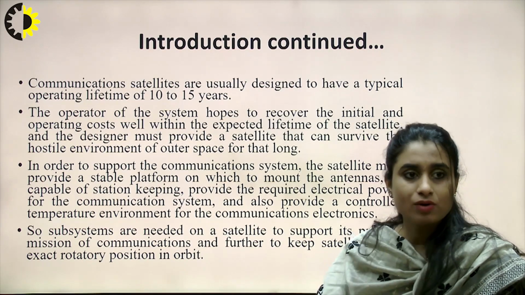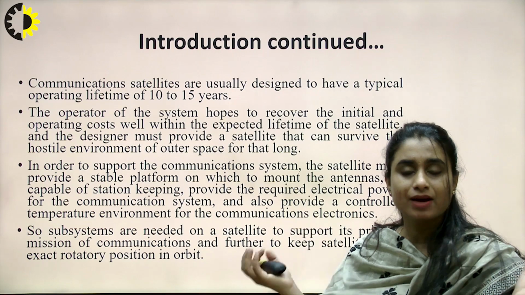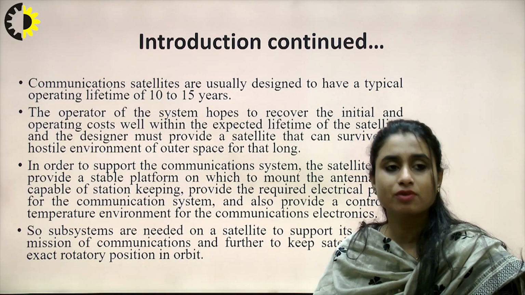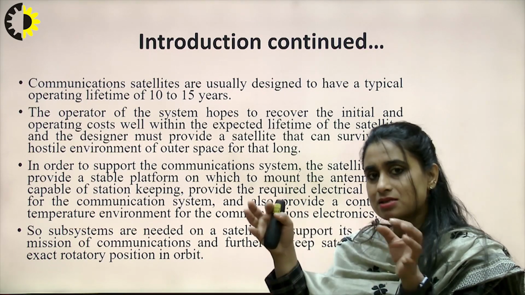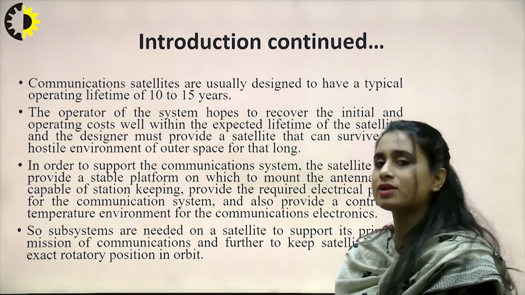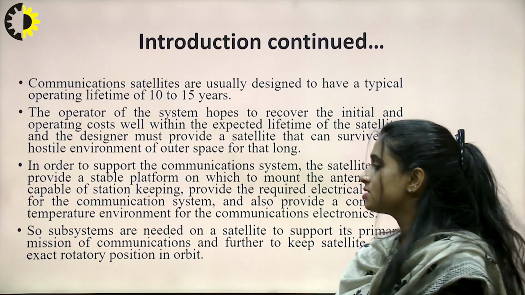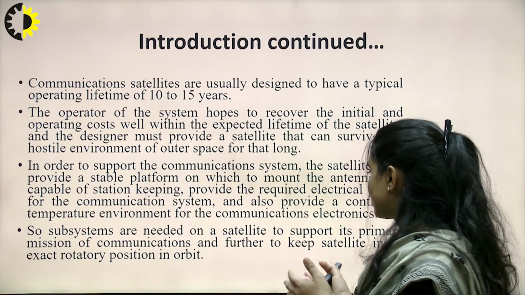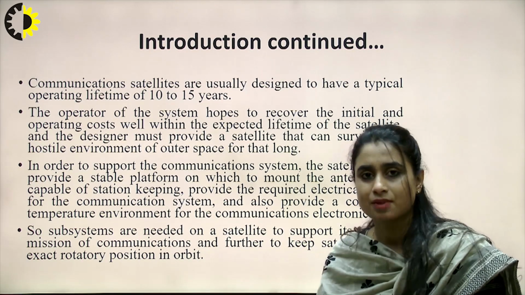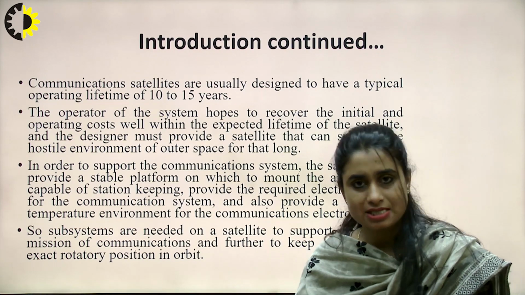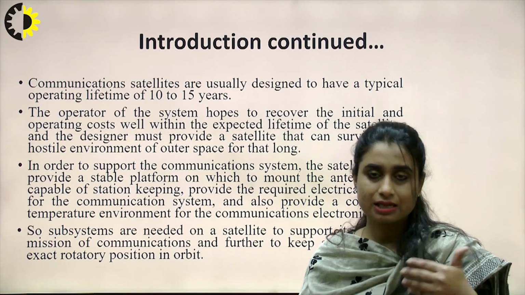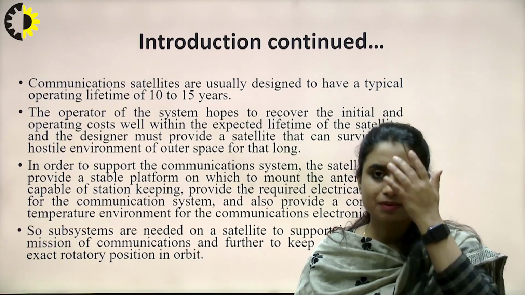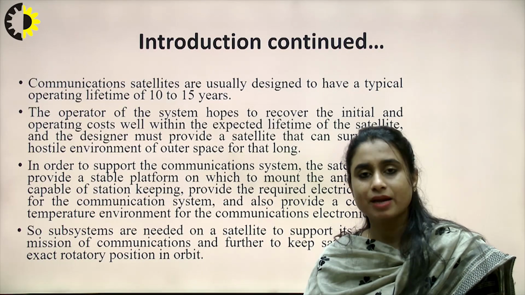Providing electrical power, providing the temperature, providing the controlled environment required for communication. So there are subsystems that will be supporting the existing system. Subsystems are needed on the satellite to support its primary mission. The primary mission of a communication satellite is to provide communication services. That is, it will receive some signal and transmit back some signals. So that is the main task.